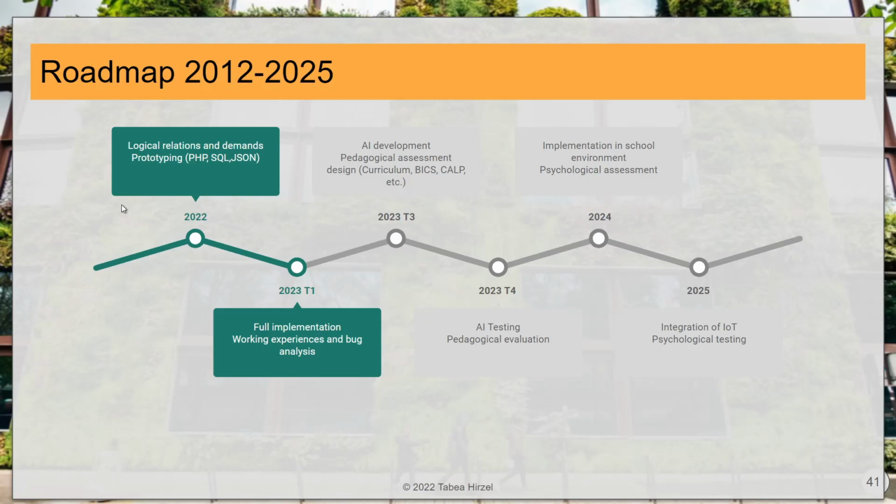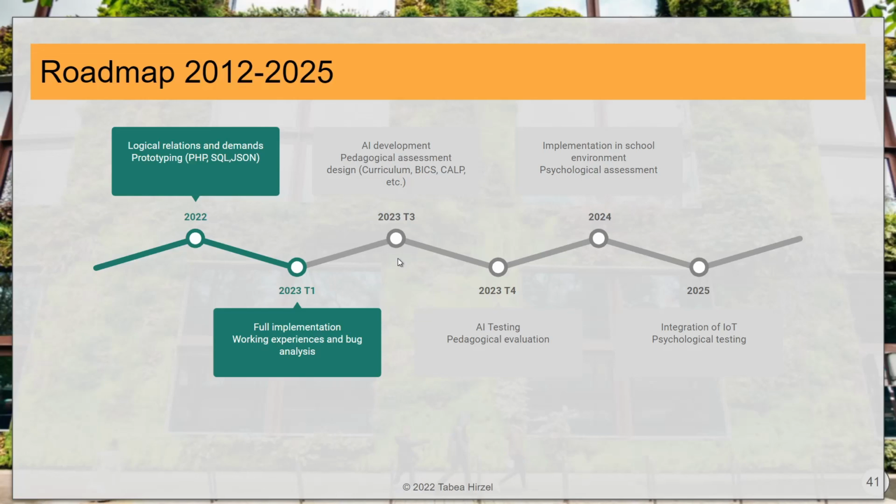Currently I work very much on the prototyping and thinking over logical relations and demands. I hope that until the beginning of next year I can have a full implementation of my version and really work with it, especially because I want it for my job, and it will make my work easier to develop learning content.